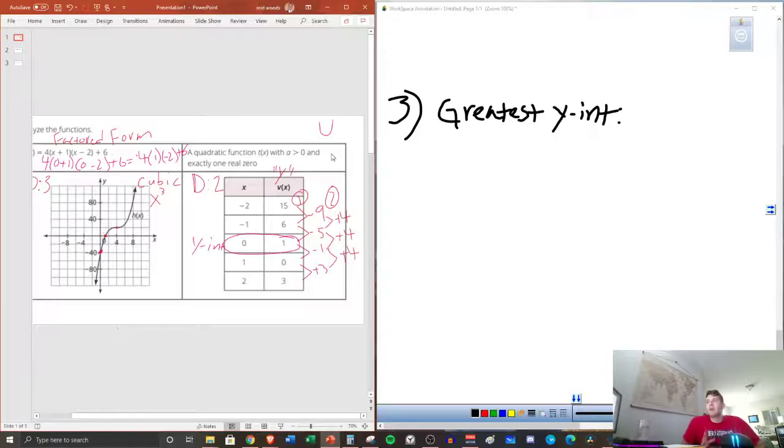It says it has exactly one real 0. So what that means is it touches the x-axis once. So the 0 is actually right there on the vertex. And if I draw my axes, it could look like this. Now I could also draw it over here. There's nothing stopping it from having the axis there, and it could be anywhere because we don't really have enough information.